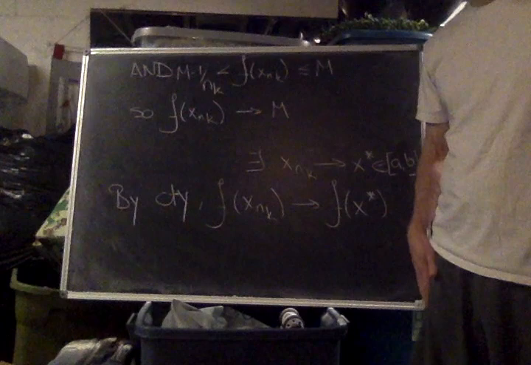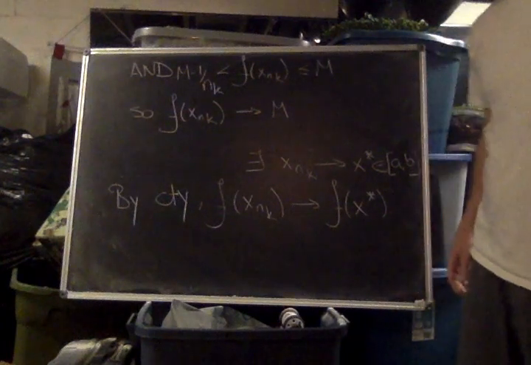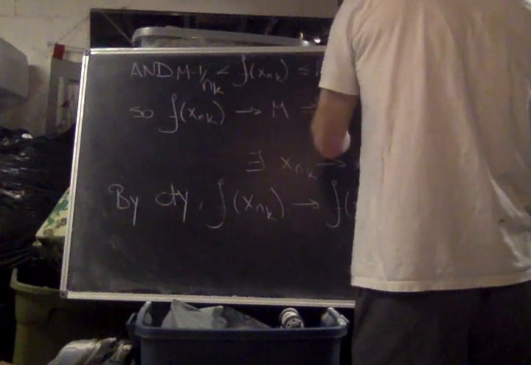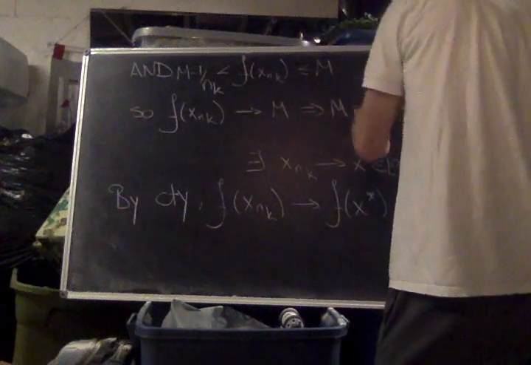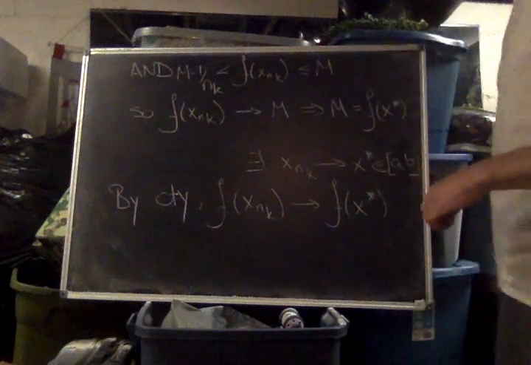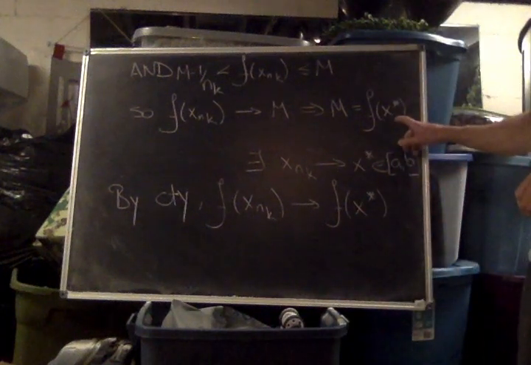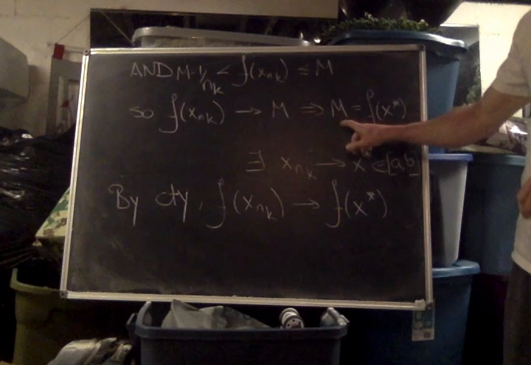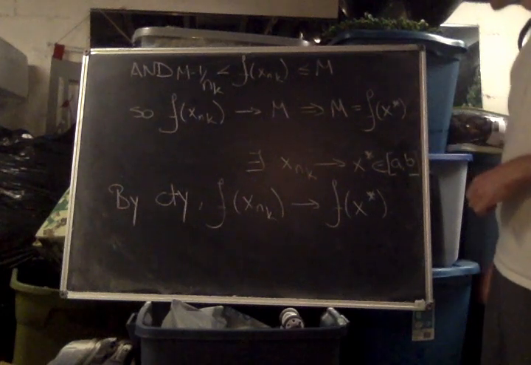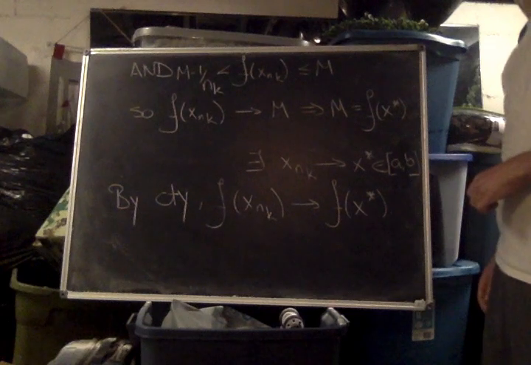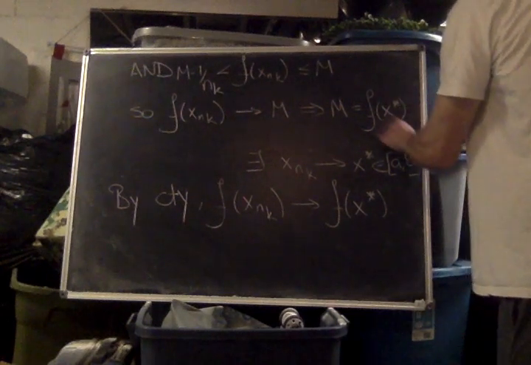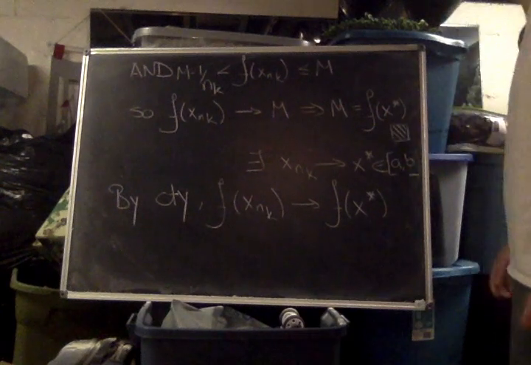So the limit, if it exists, is unique, meaning that m has to be equal to f at x upper star. In other words, the value of the function f at x upper star is exactly the supremum of all the possible function values, and that is your absolute maximum. Okay? So that concludes the proof right there.